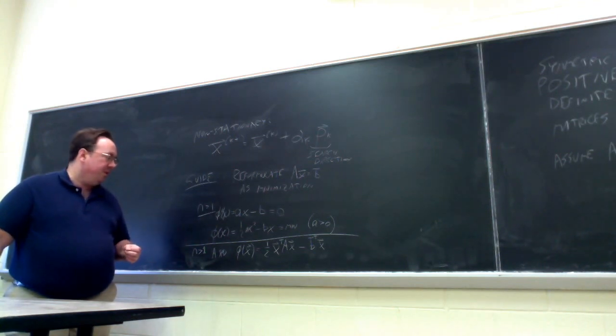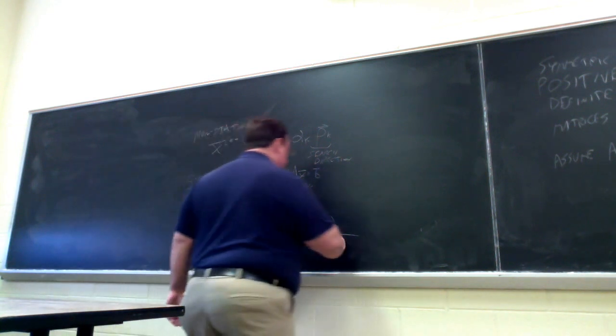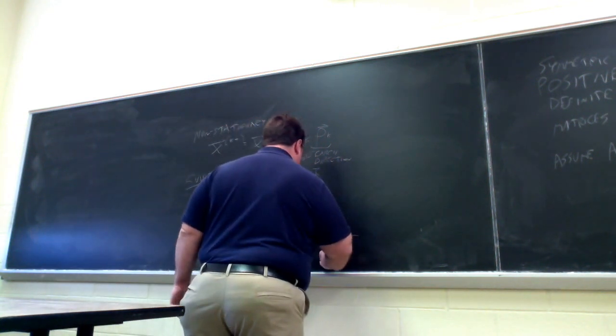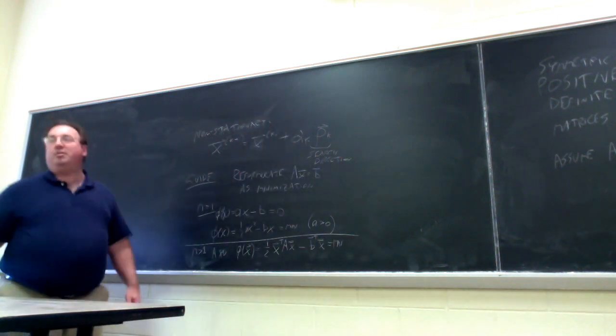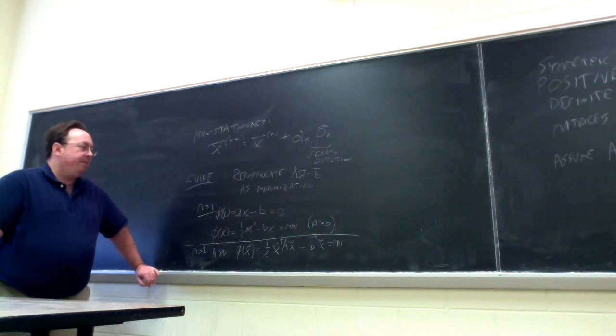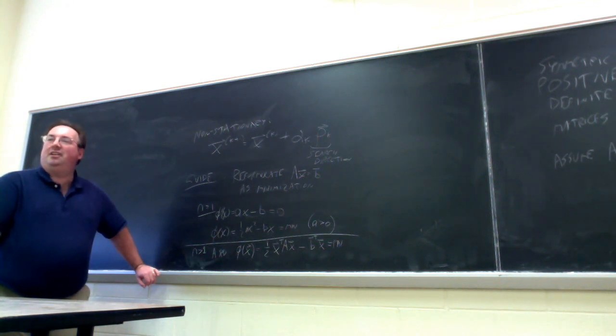Okay, so we want this to be a minimum, and when you have a function of several variables that you want to find a minimum of, what needs to be 0 this time? Instead of a derivative, if you're talking about several variables, what is it instead? Remember from our multivariable calculus. Gradient.